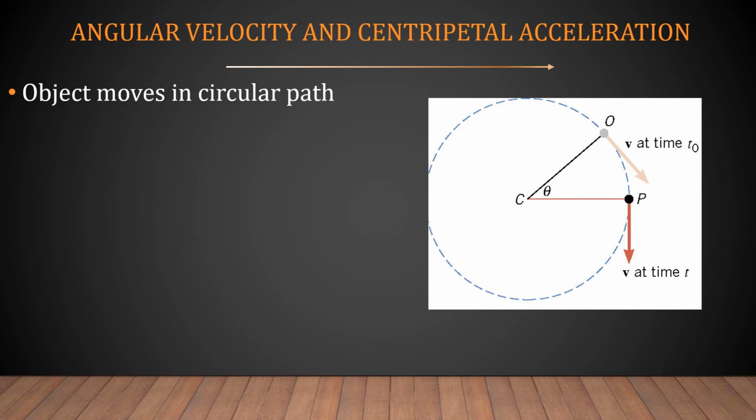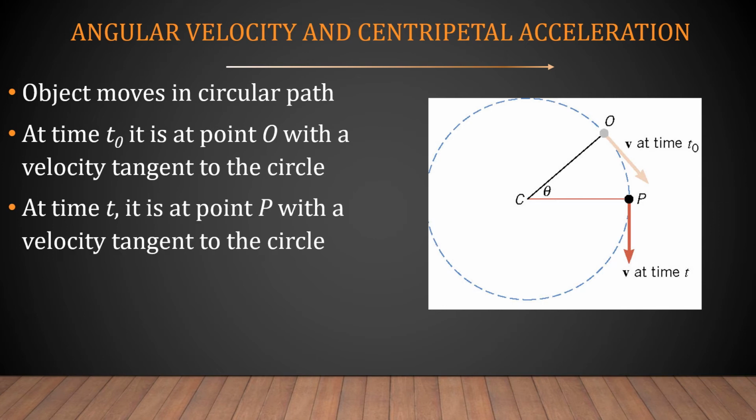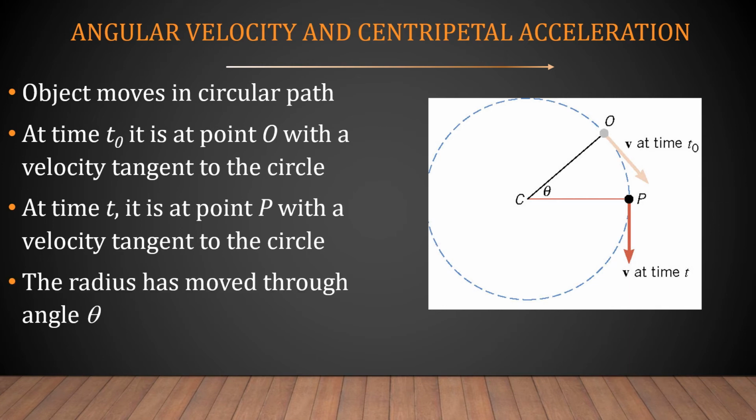Then the object moves in a circular path. At time t naught, it is at point O with a velocity tangent to the circle. At time t, it is at point P with a velocity tangent to the circle. The radius has moved through angle theta.